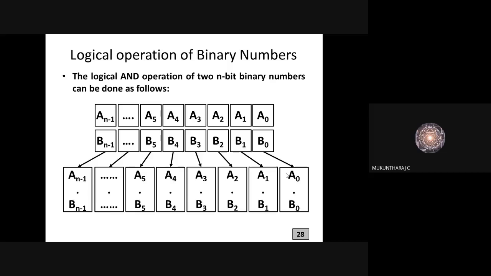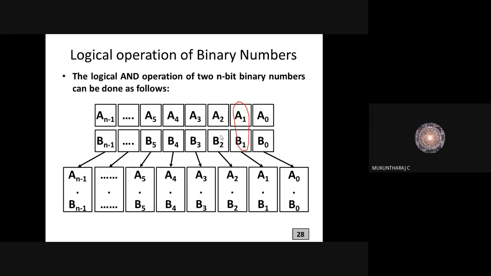That means the LSB of input A and the LSB of input B: A0 AND with B0. Similarly, the A1 position and B1 position, so we will take A1, B1 and perform the AND operation.